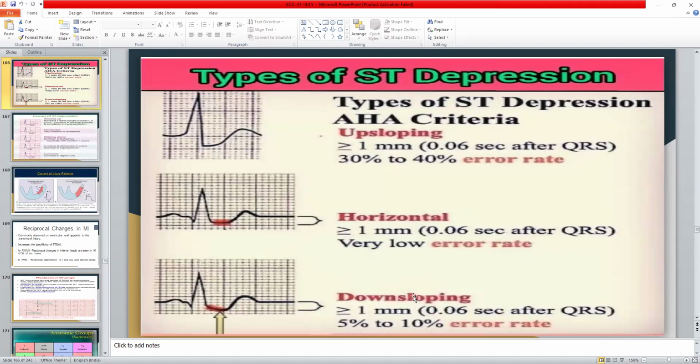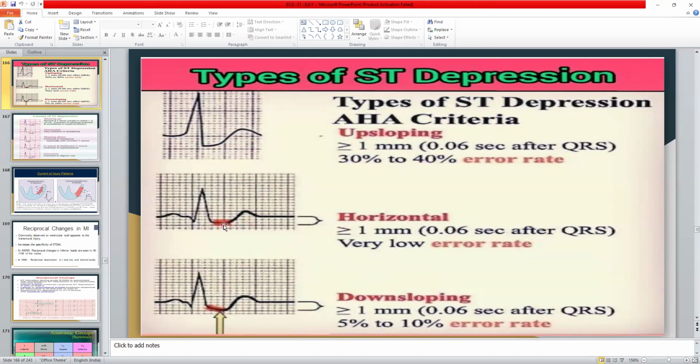So what are the different types of ST segment depression as per the American Heart Association criteria? Here you can see the upsloping. Here it is horizontal. Here it is downsloping. What is its significance? In case of upsloping, that is more than 1 millimeter, most of the time there is a 30 to 40% error rate, that means abnormal.